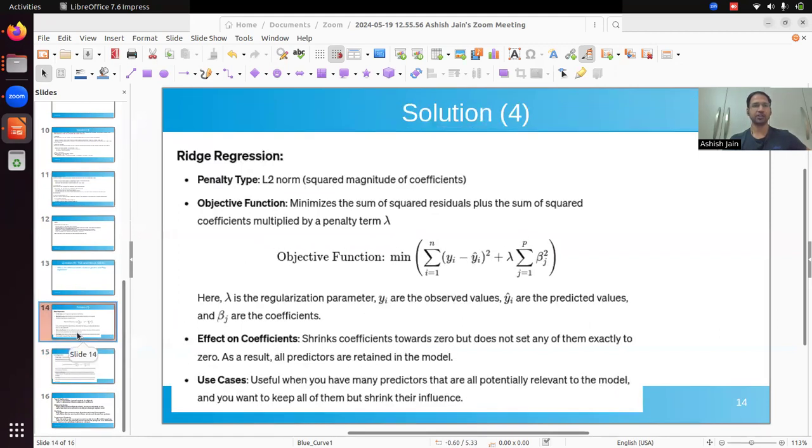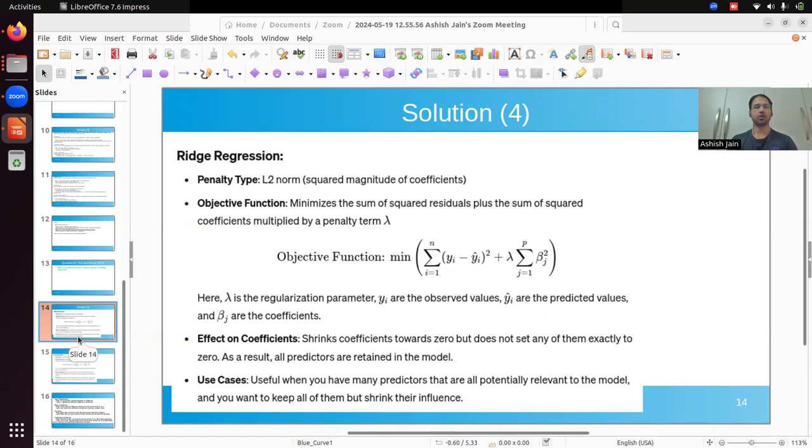Now, the difference also lies in the effects on coefficients. In ridge regression, the coefficients are reduced to nearly 0. They take very small values, but they don't vanish altogether.